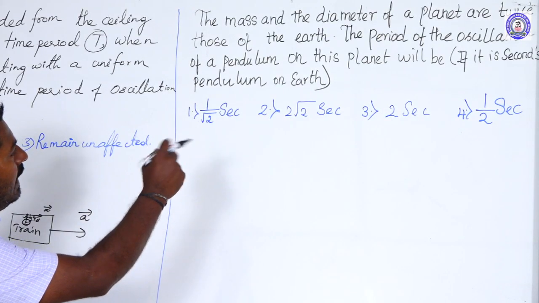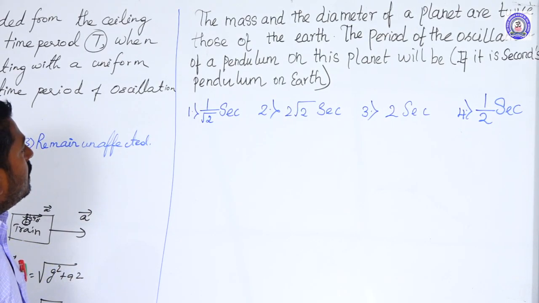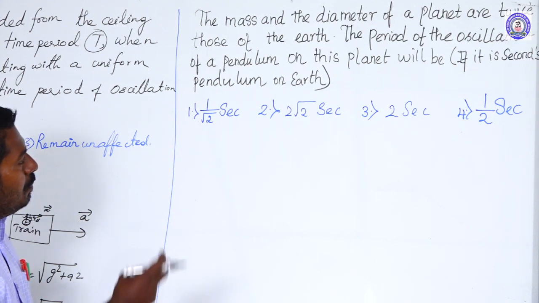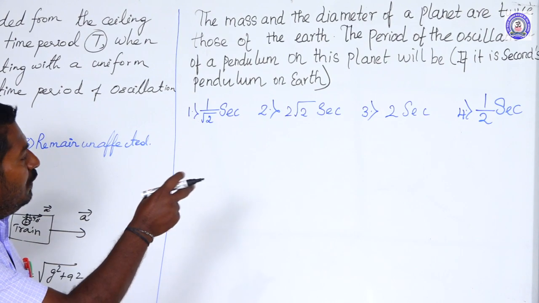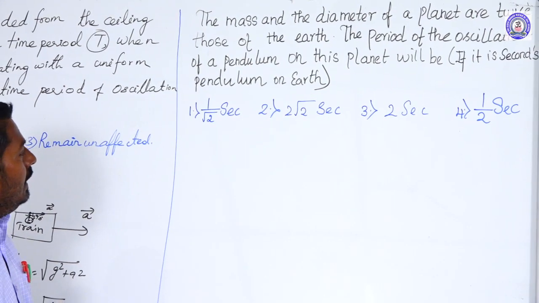The mass and the diameter of a planet are twice those of the Earth. Then what will be the period of oscillation of a pendulum on this planet, if it is a seconds pendulum on the Earth?